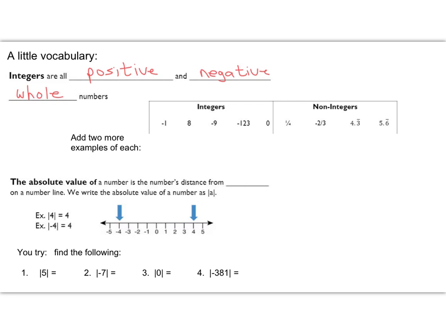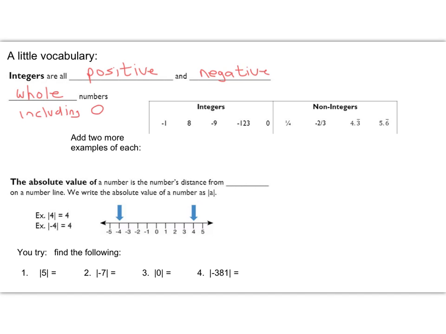Integers are all positive and negative whole numbers. So no fractions, no decimals. And really, I think we should say in this definition that it also includes 0. So I'm going to add that, because 0 isn't positive or negative, but 0 is an integer. So you can see some examples of integers, again, just positive and negative whole numbers, including 0. Non-integers, we have some fractions here, we have some repeating decimals, so these are not integers.